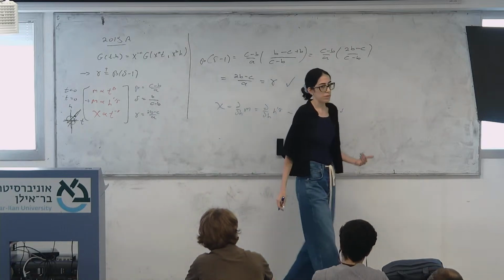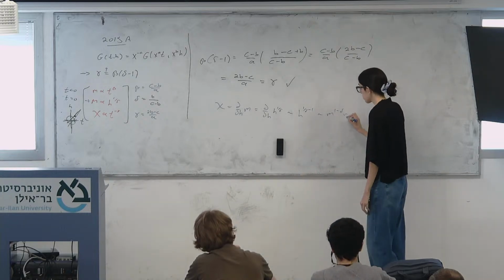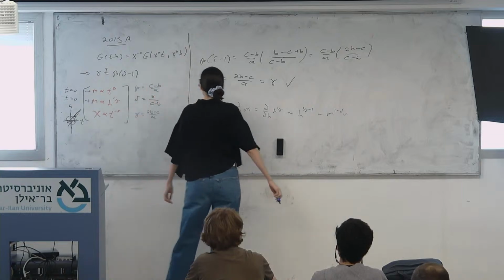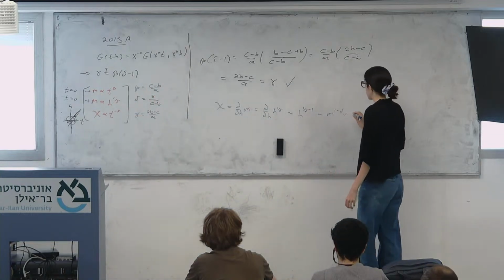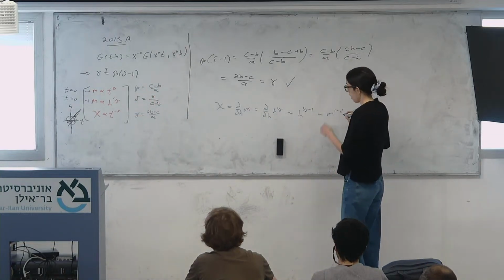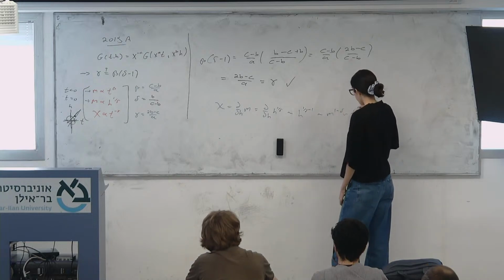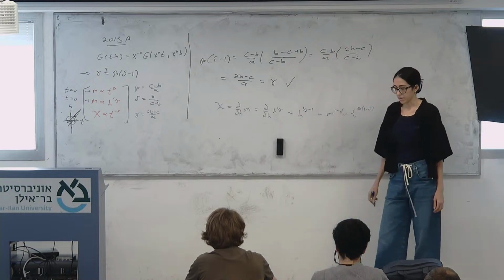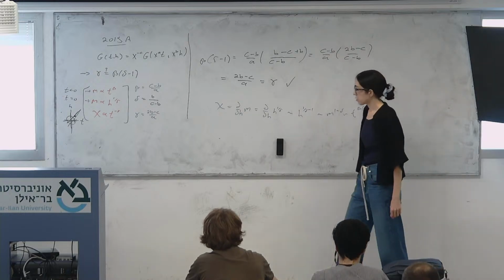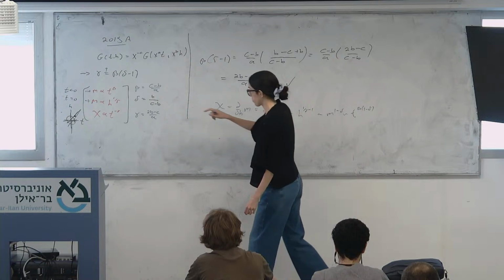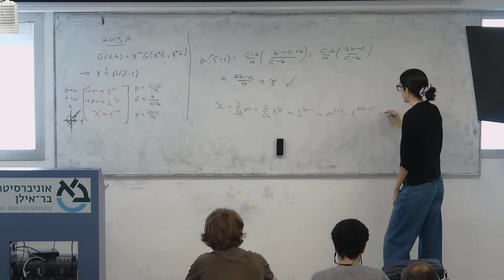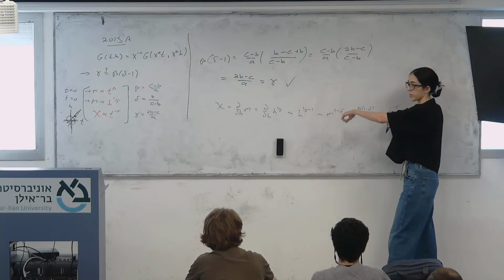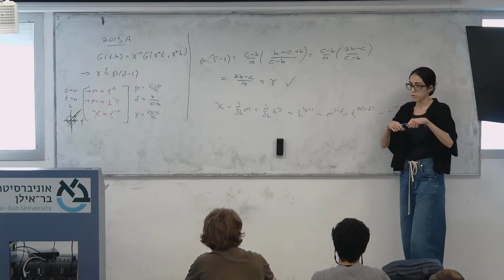And now if I want to write the magnetization as a function of the temperature, I'm using the first one. So this is equal to T to the beta times (1 minus delta), and we know that the susceptibility is T to the minus gamma, so you can just move it by playing with the exponent.